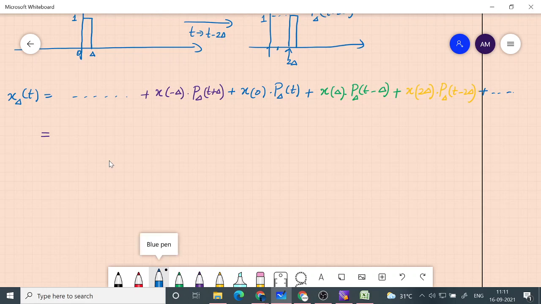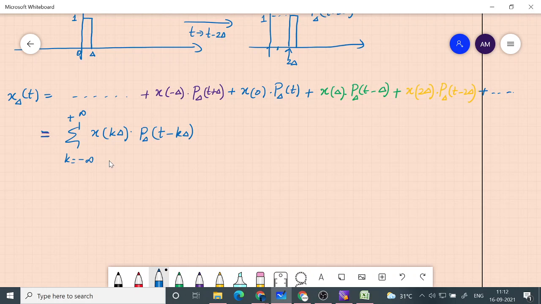I can write sigma, k going from minus infinity to plus infinity, x of k delta into p delta of t minus k delta, right? k delta.